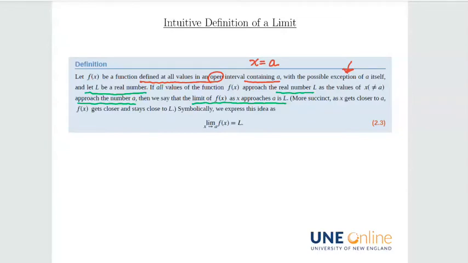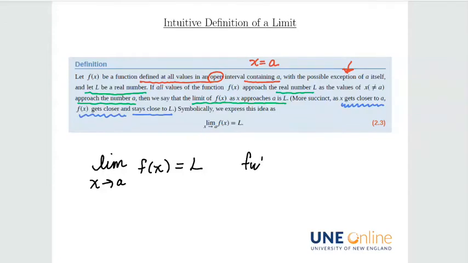Now, saying that a little bit more succinctly is as x gets closer to a, f of x gets closer and stays close to L. And symbolically we can write this: the limit as x approaches a of f of x is equal to L. This is our notation, and we should note that this is a full limit, because there are other types of limits.